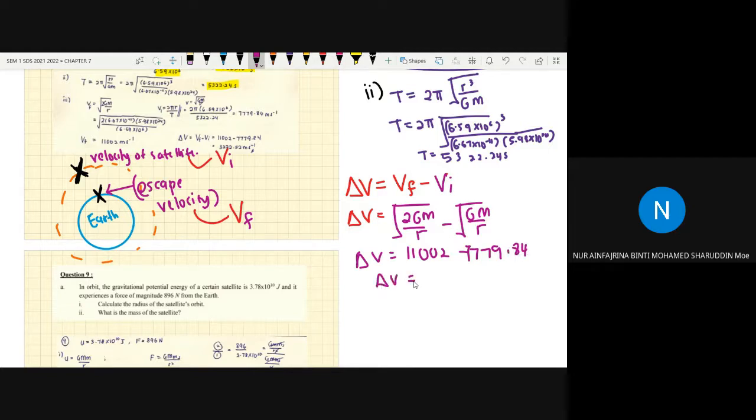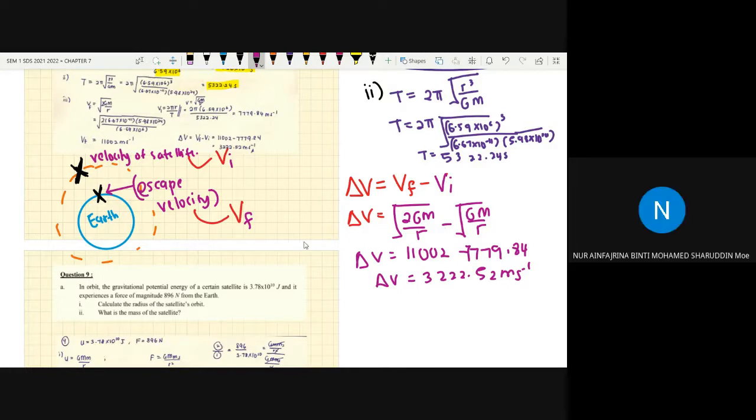Therefore, changes in your velocity is 3222.52 meters per second. Okay. Alright, so I give a bit of time here in case you are confused. Okay, may I proceed guys?